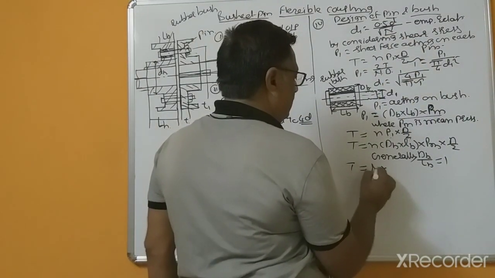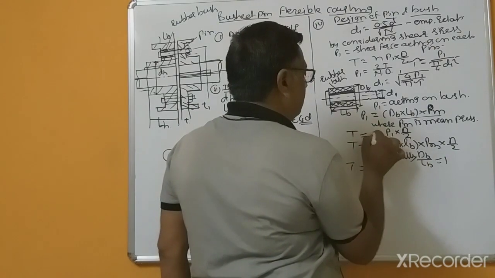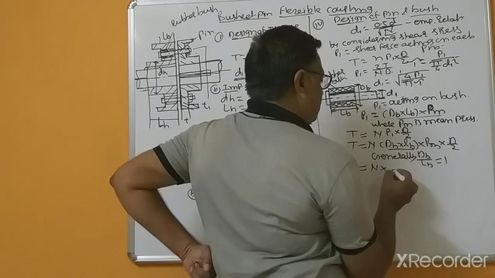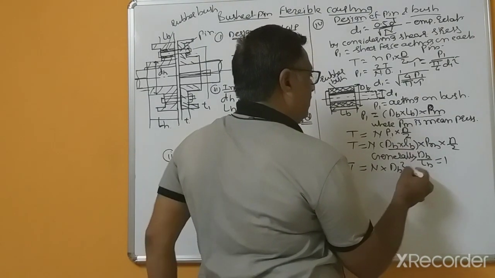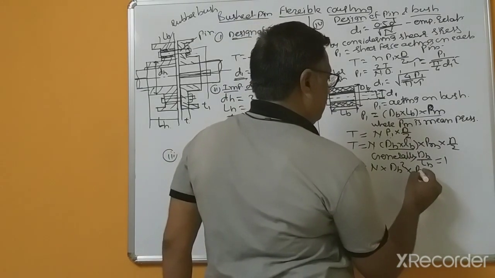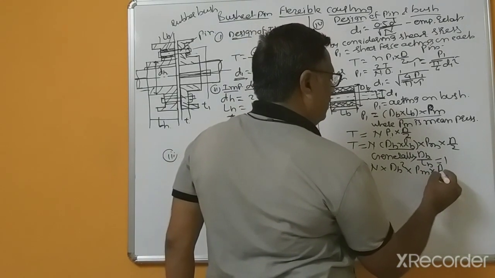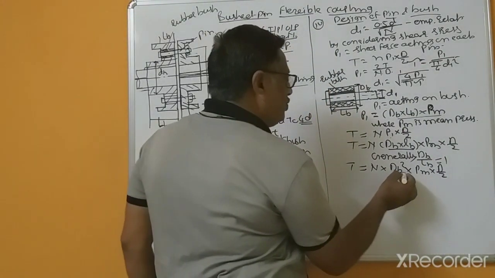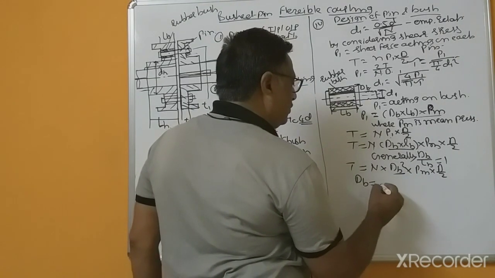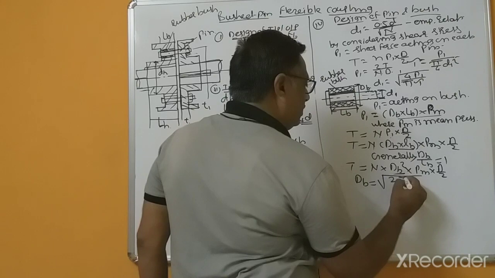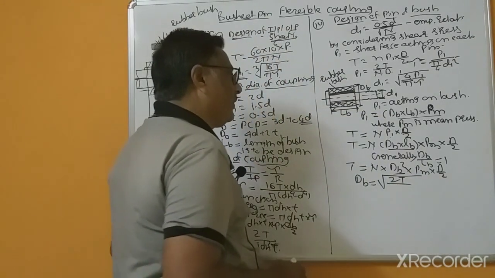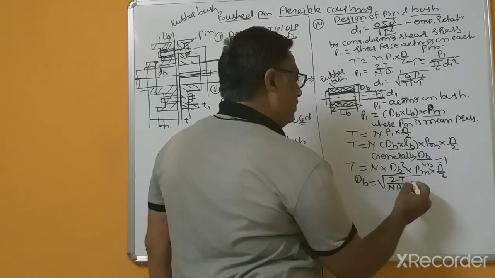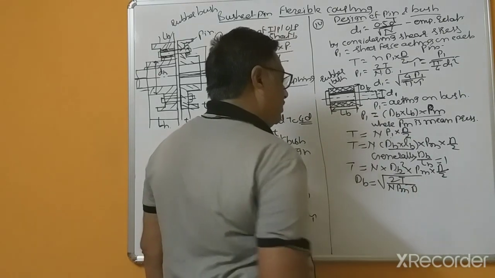So the diameter of the bush equals under root 2T divided by N PM into D.